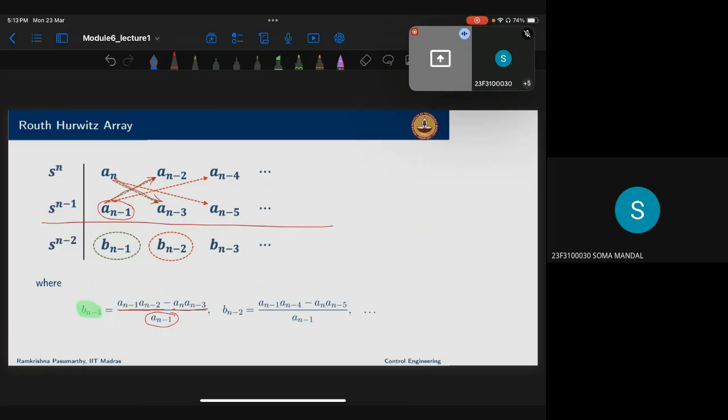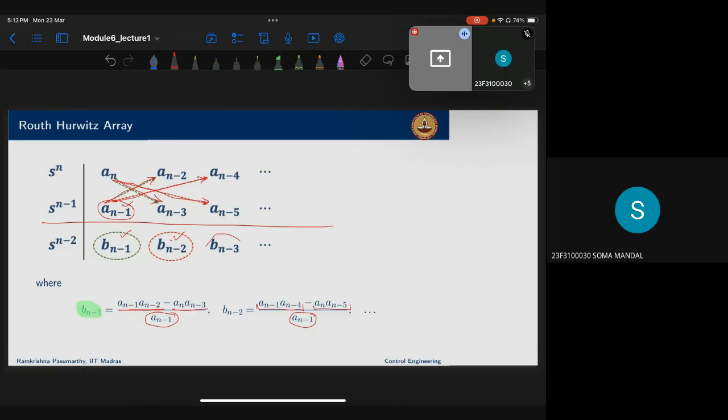Next, bn minus 2, this term. What we do is multiply an minus 1 with an minus 4 and an with an minus 5. So this one minus this one, divided again by the same an minus 1. That is bn minus 2.